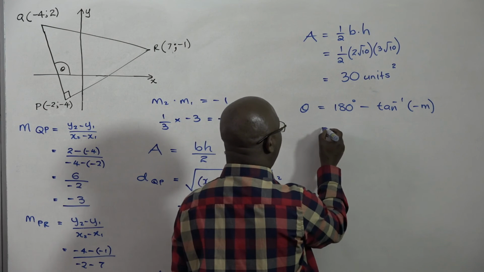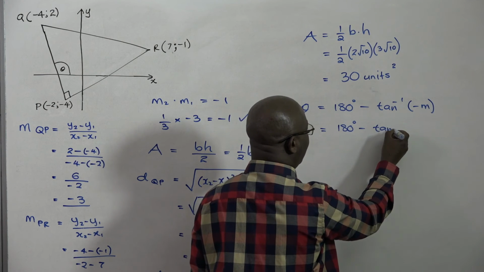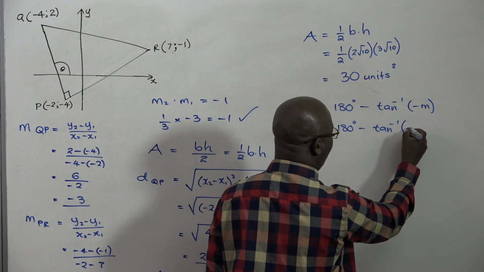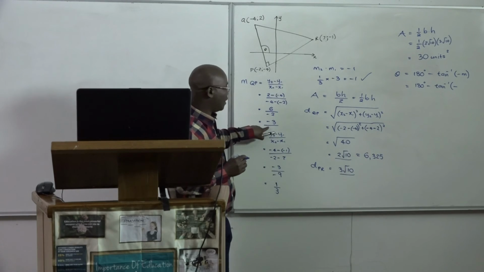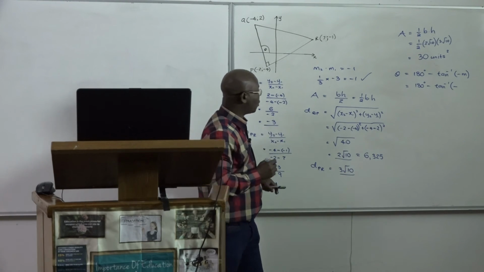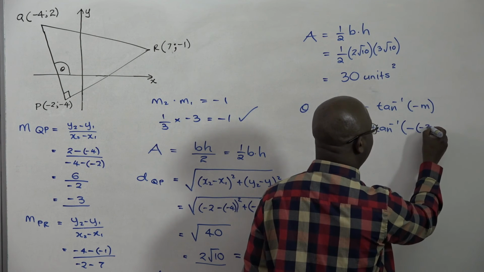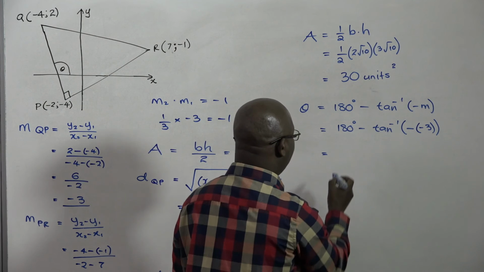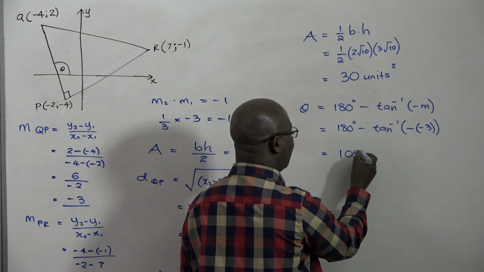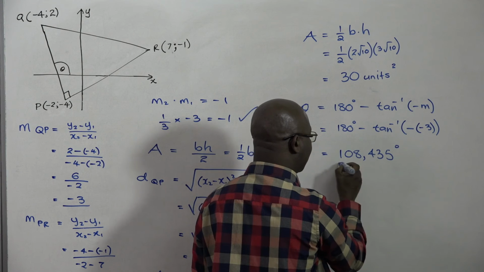So theta will be 180 degrees minus the arctan of minus, which is from the formula, but the gradient is coming with its own negative. So it becomes minus 3. And if we punch that in our calculator, we'll get 108.435 degrees.